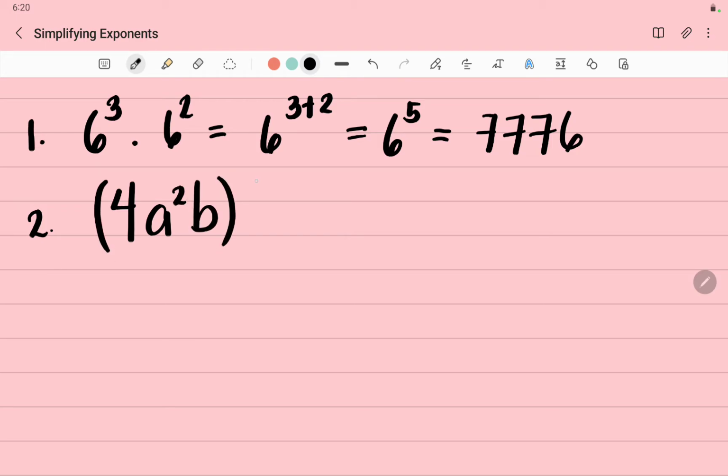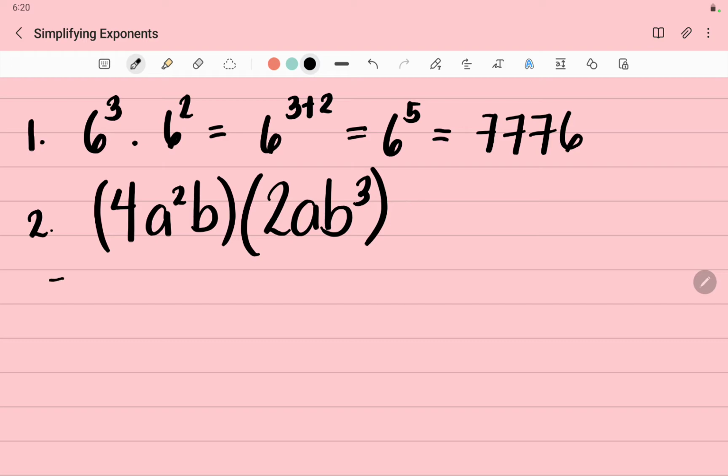Number 2, we have the quantity 4a raised to 2b times the quantity 2ab raised to 3.